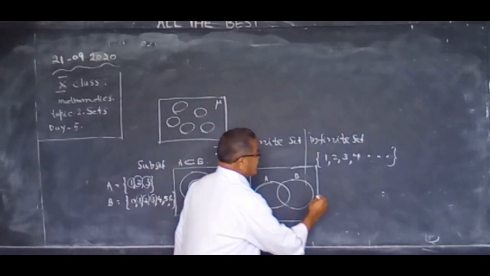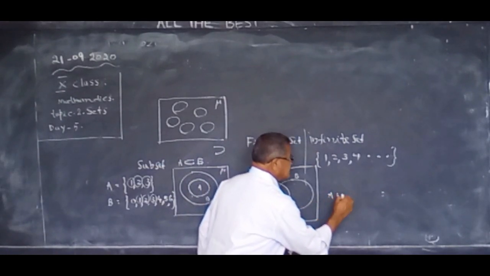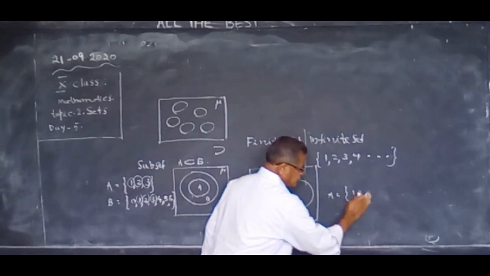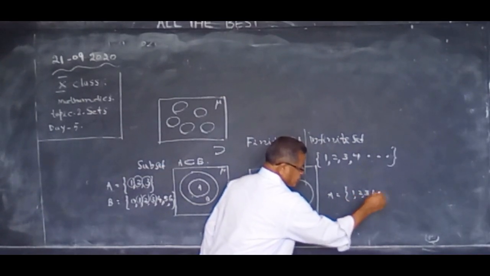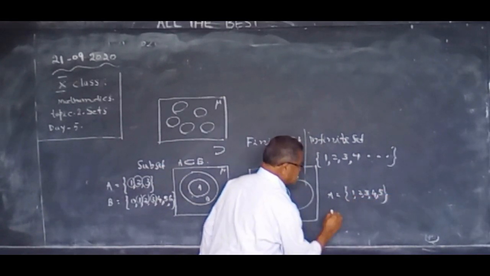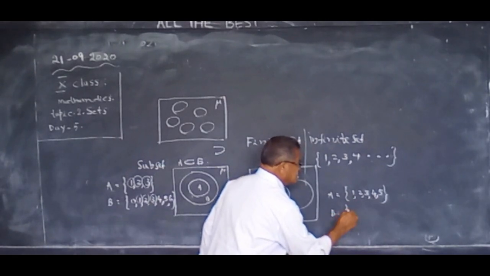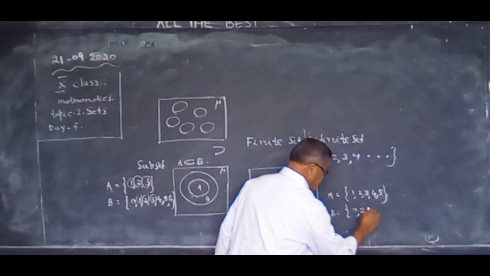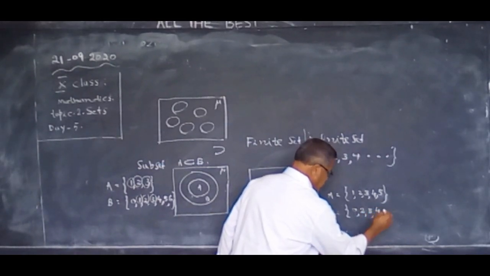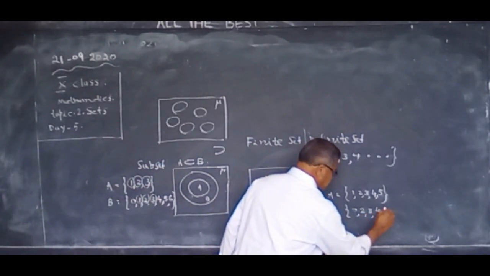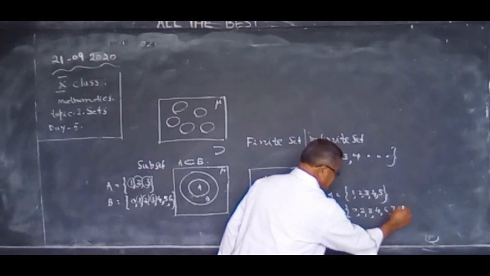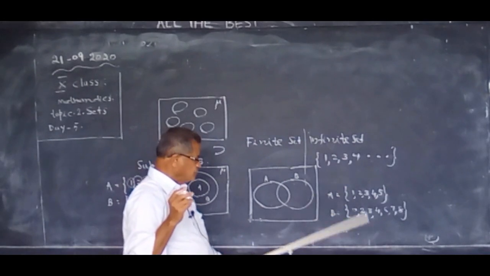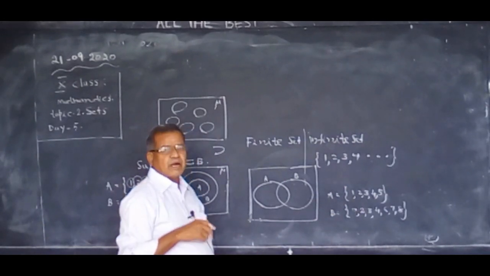See set A. Set A is 1, 2, 3, 4, 5. Set B contains 0, 2, 3, 4, 6, 7, 8. Now these two sets have some common elements.